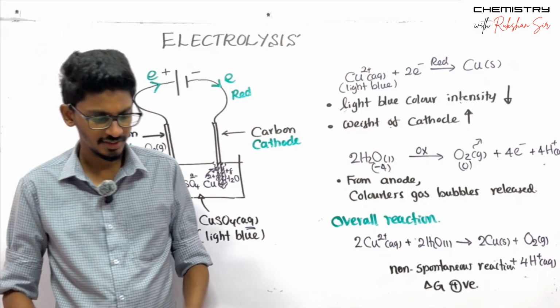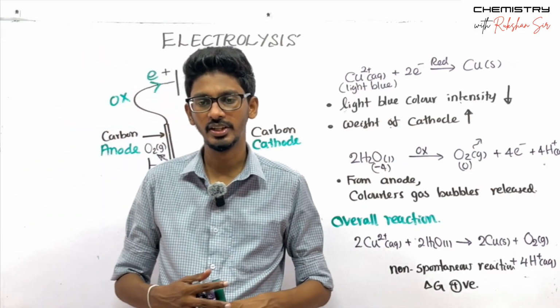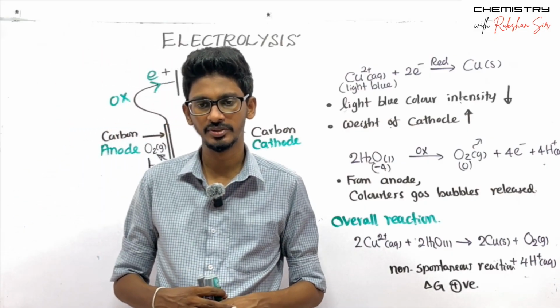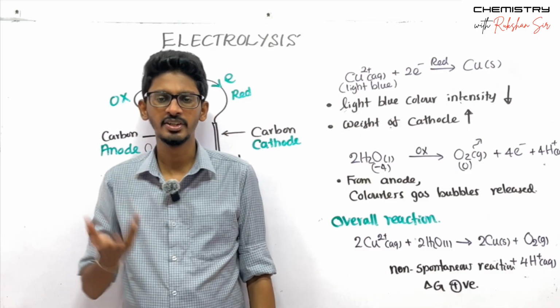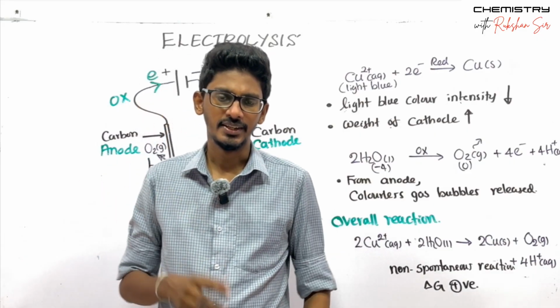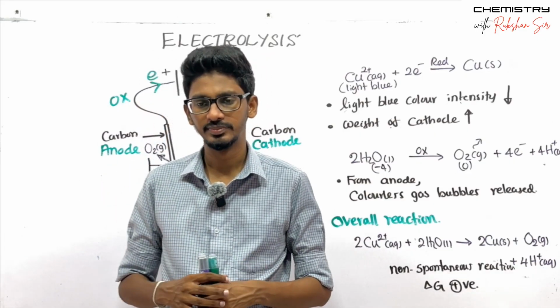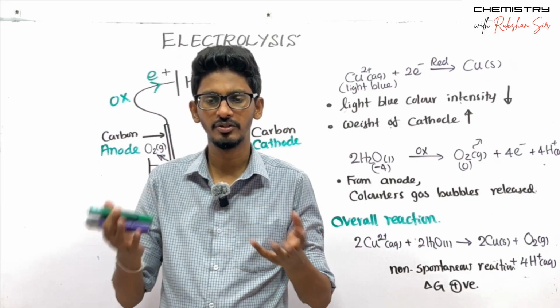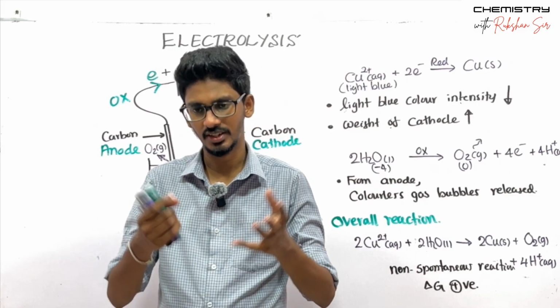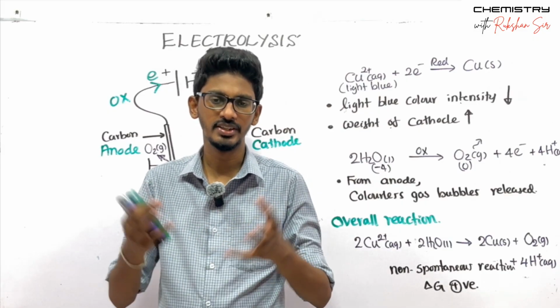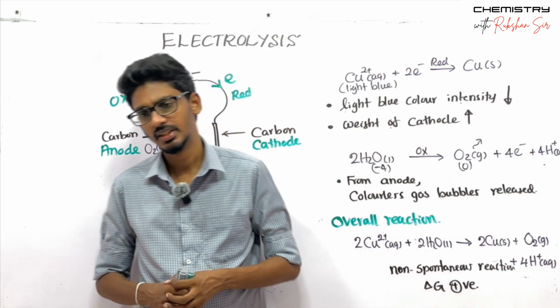Another kind of such reaction is given in your example in your tube: the electroplating of silver, the electrolysis of silver nitrate solution. That is another example. You may have learned that also in your O levels.